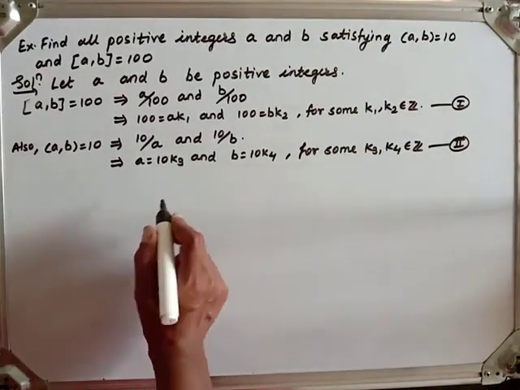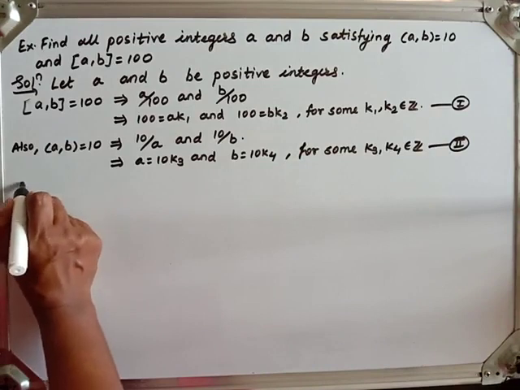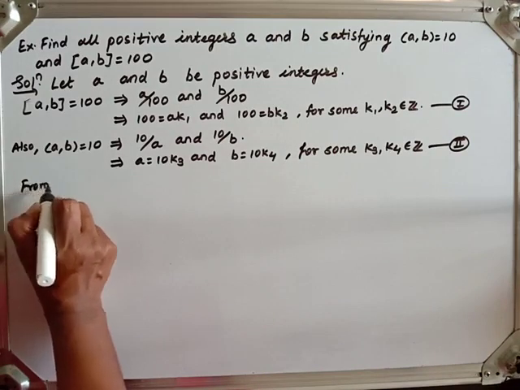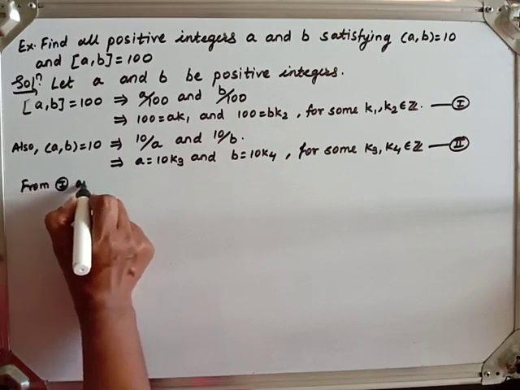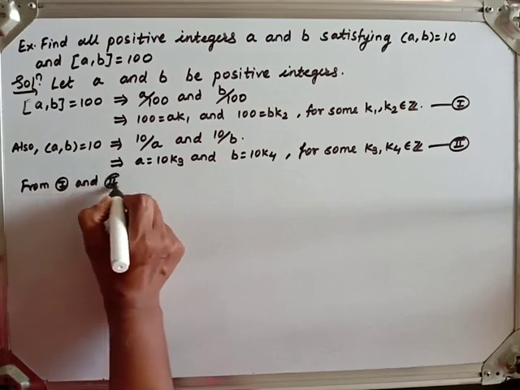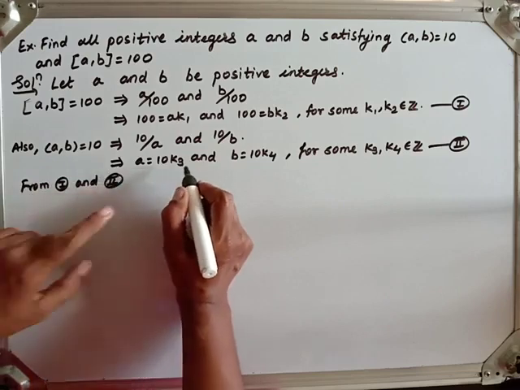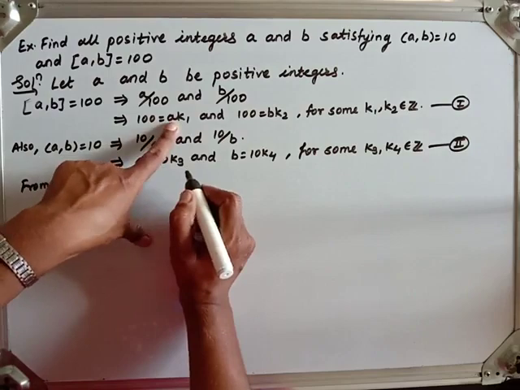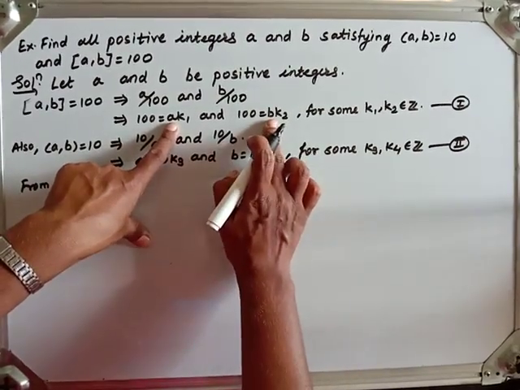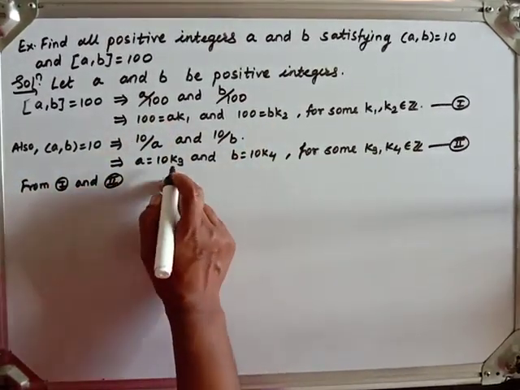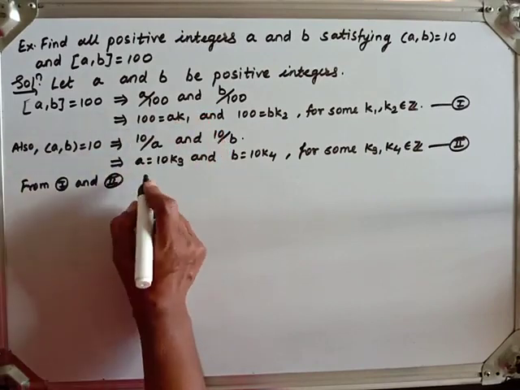Now from 1 and 2 we get, look at here, this value of A we can substitute here and this value of B can be substituted here. So 2 we are using in 1.